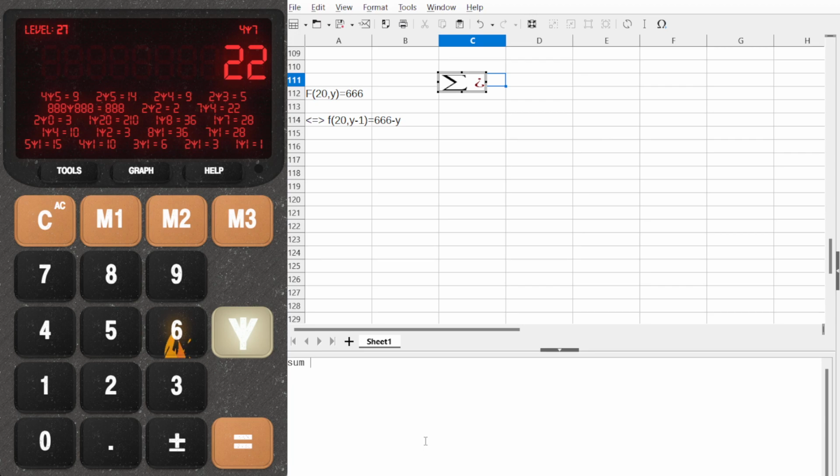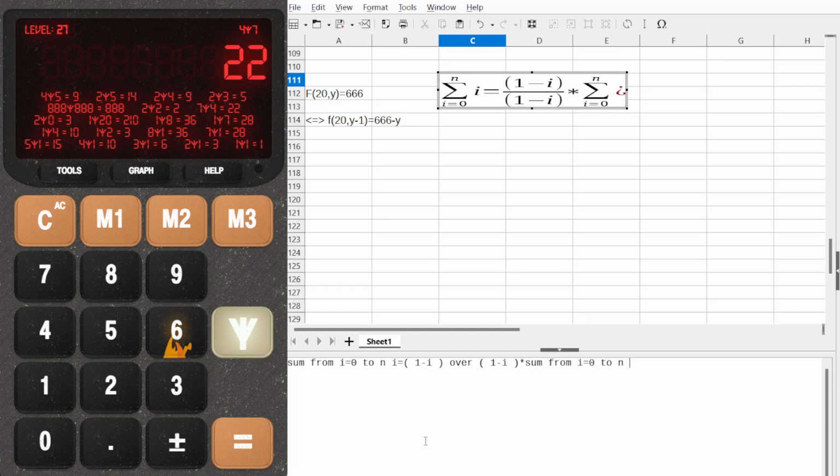If you have a sum from i equals 0 to n over i, this is the same thing if you multiply this by 1 minus i over 1 minus i, you will, if you multiply this to the sum I had before, you get no, this is a geometry, this is wrong.